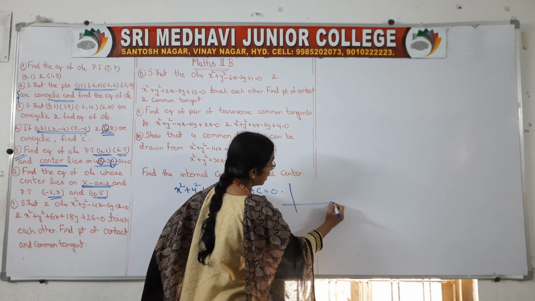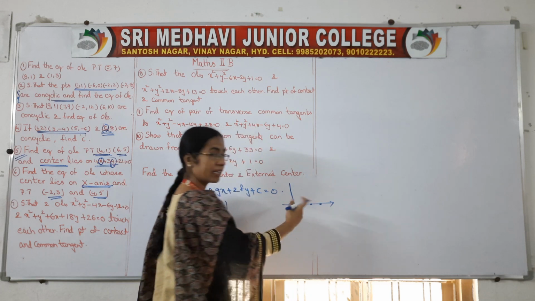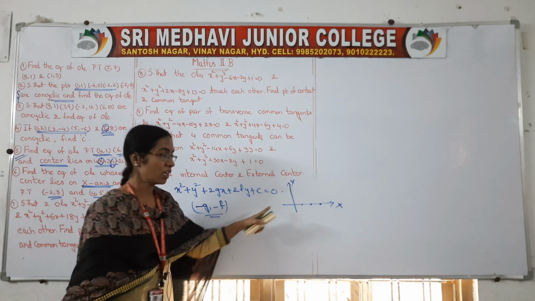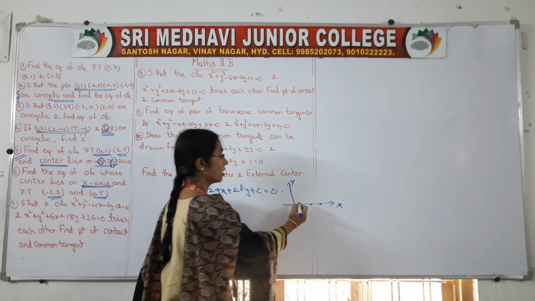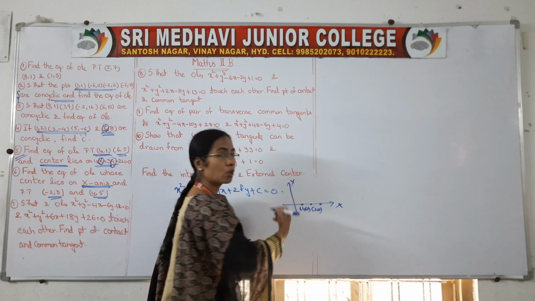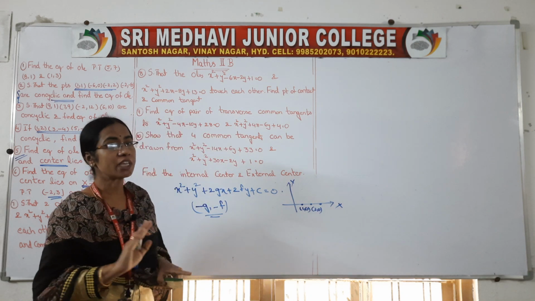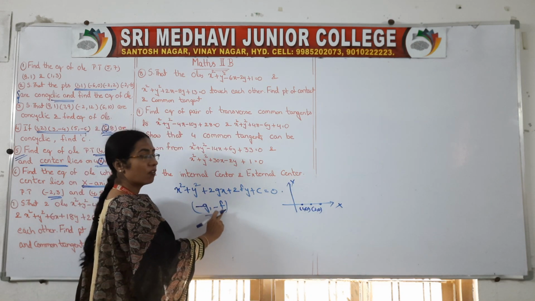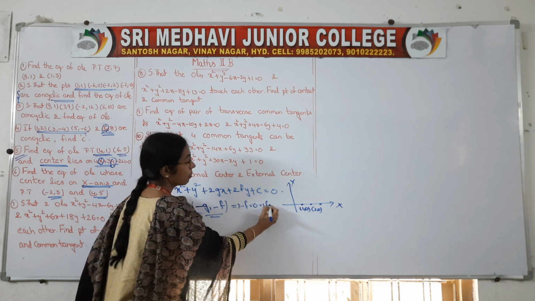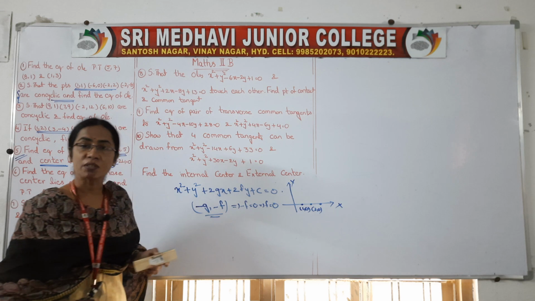This is your x-axis, this is your y-axis. If you take any point, what is this point? 1, 0. What is this point? 2, 0. Y coordinates will be 0. So here what happens? Implies minus f is equal to 0, implies f is equal to 0.